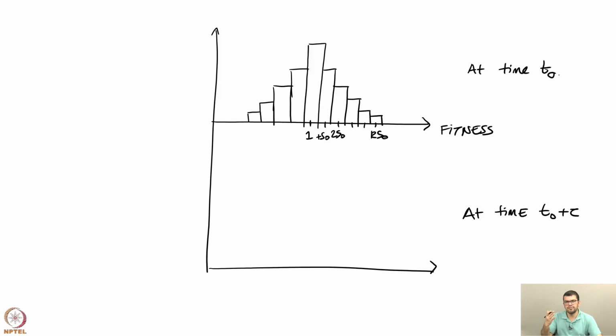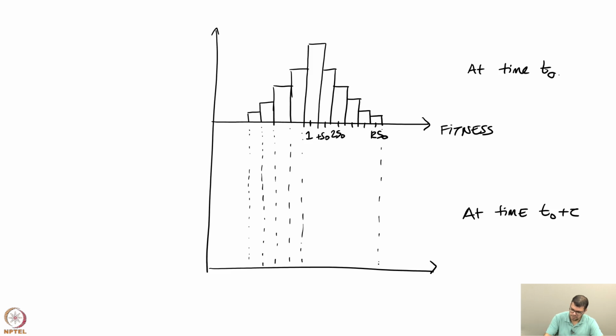K happens to be 5, but it could be anything. Let me draw these down, because we want to study what was there earlier and then what happens. Okay, we are done. And this is obviously the number of individuals.